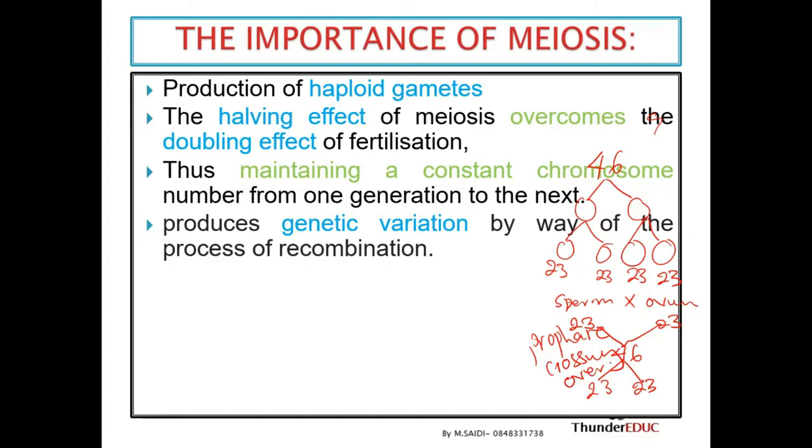Because there is exchange of genetic material, you will have different sperms. We know that you produce over 300 million sperms per single ejaculation. Each sperm is different, and it's as a result of crossing over during prophase. So it brings about new recombinants, new combinations of genetic material.